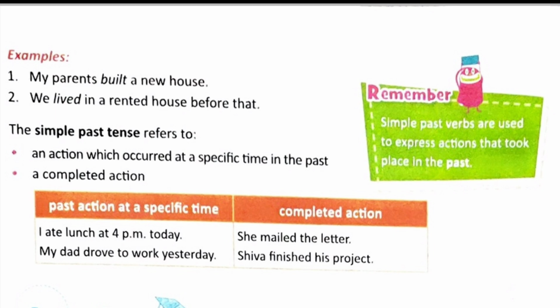So both these actions are examples of work which has already been completed. Now the remember section says, simple past verbs are used to express actions that took place in the past. So all of us know that the past form of the verbs is written for actions done in the past.